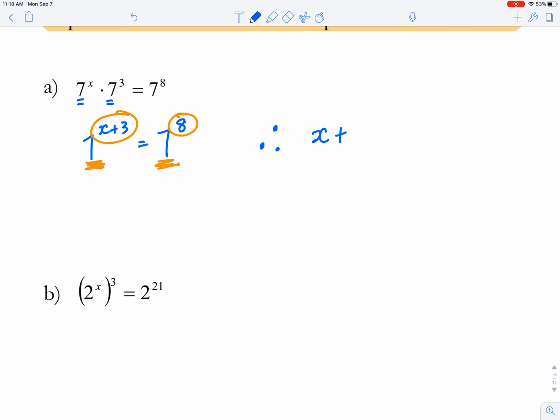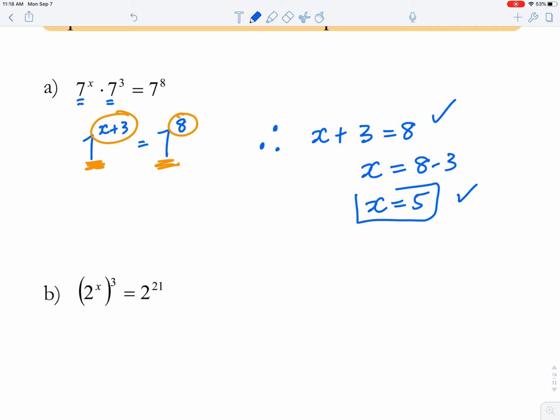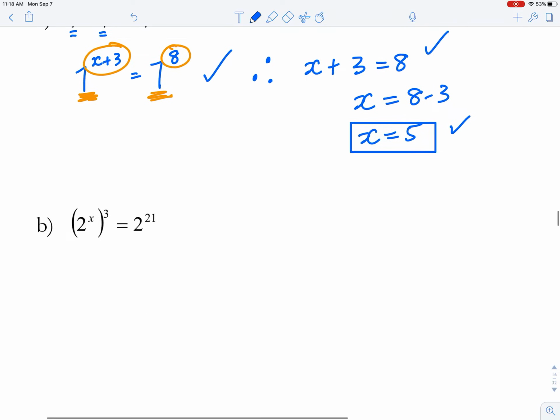Therefore, x plus 3 must equal 8, and then x equals 8 minus 3. You do need this step, and you do need that final answer. So with those 3 steps, even though you could maybe see right away the answer is 5, that's what's going to get you your marks.